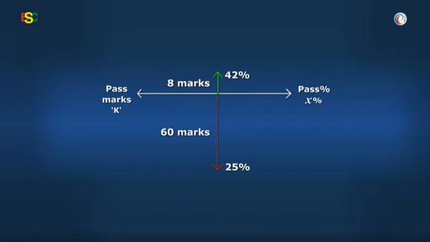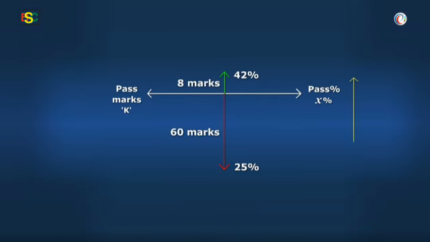Very good, Vidya. Now we can directly visualize that there is a difference of 42 minus 25, that is 17 percentage points between two candidates, which is equal to the gap of 60 plus 8, that is 68 marks.